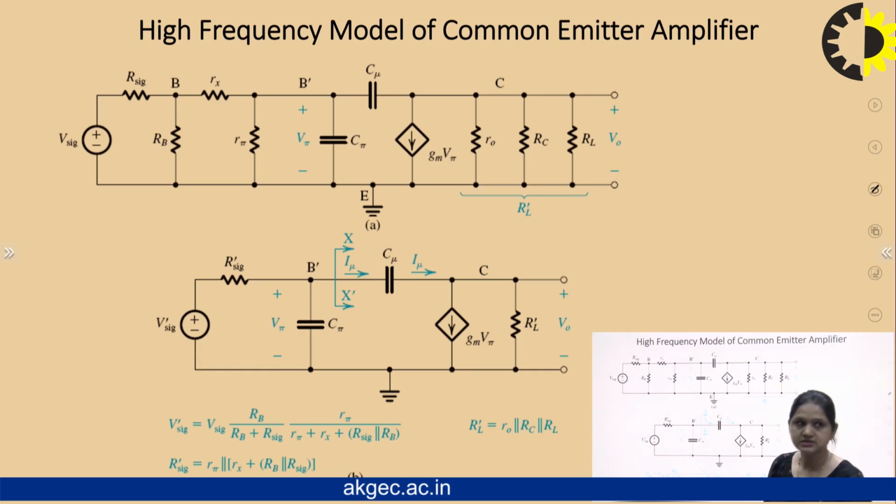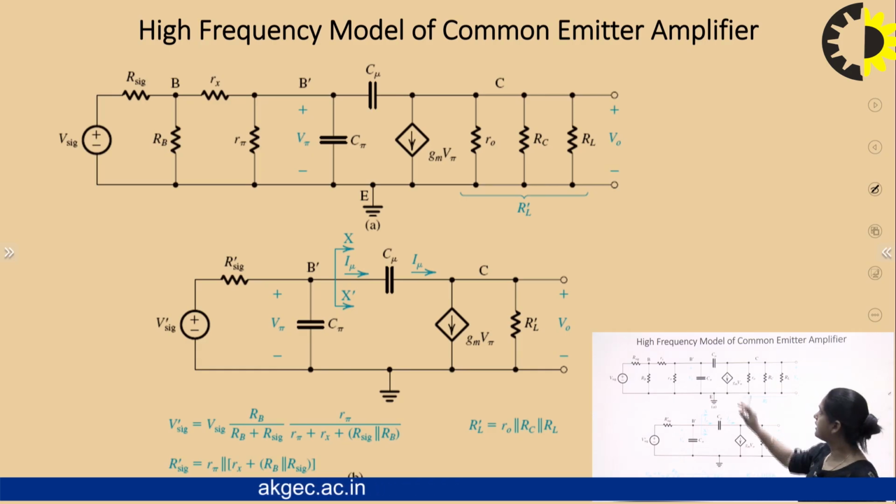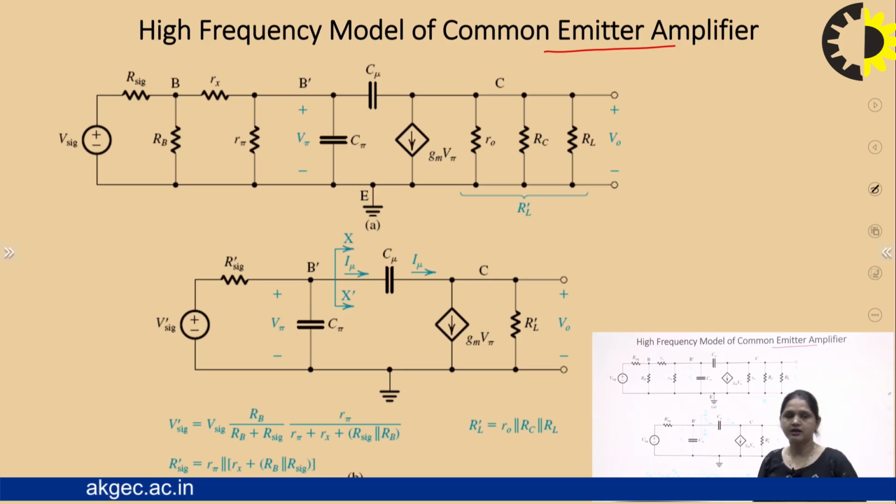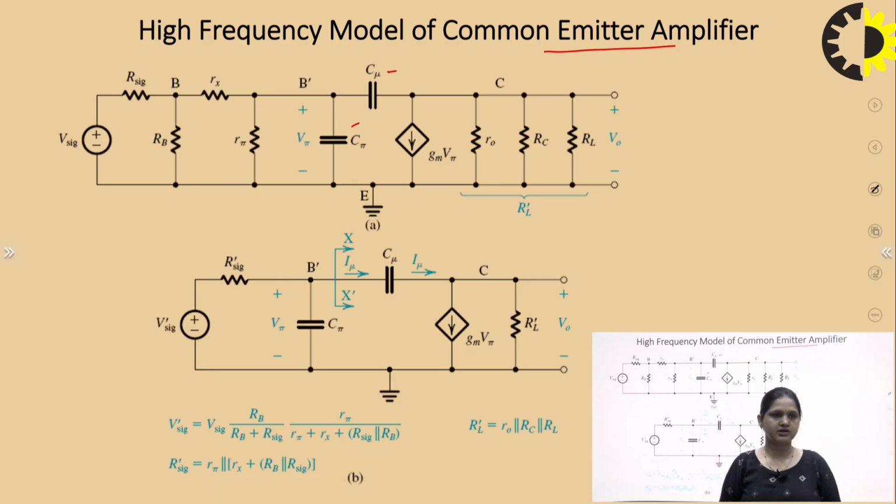Here in this slide I have drawn the high frequency model of common emitter amplifier, where I have considered the high frequency parameters, that are C mu and C pi, known as the internal capacitances of BJT.